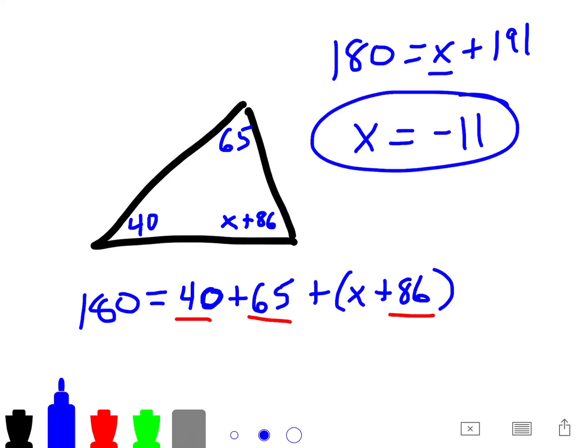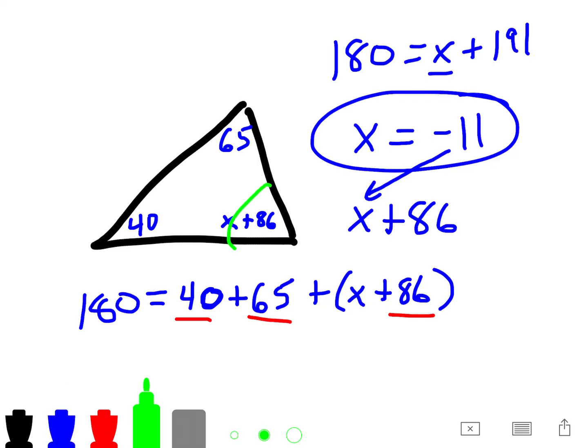But x equals negative 11 is fine because the whole angle is x plus 86, right? So if we substitute that negative 11 in, negative 11 plus 86 is going to be 75, which is fine. An angle can be 75 degrees. Okay, so our answer here is x equals negative 11. Now, if they wanted you to find this angle, then yeah, you would need to plug that in and actually solve for it. But they don't, so we don't.